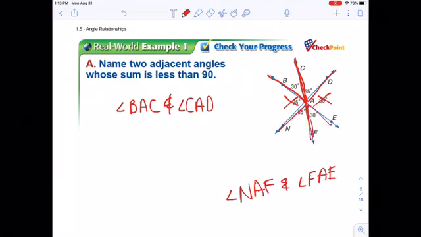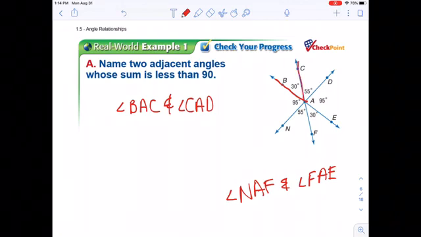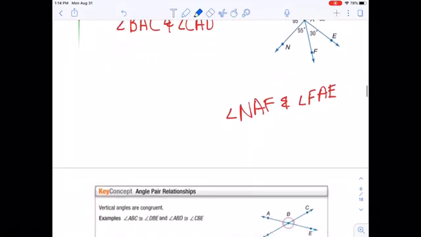So these two as well. We don't want to use angles BAC and FAE because those are vertical. They are not adjacent, and we want specifically adjacent angles.